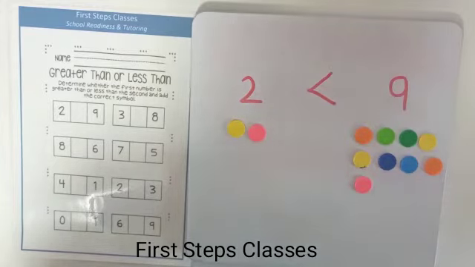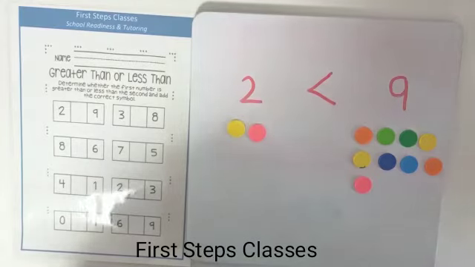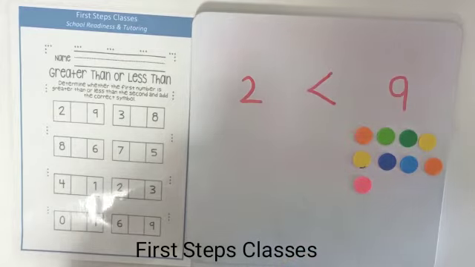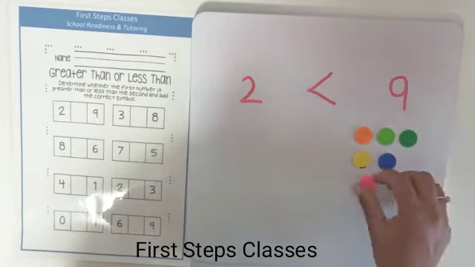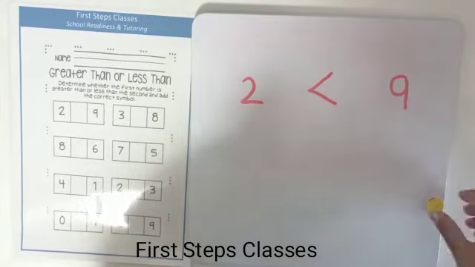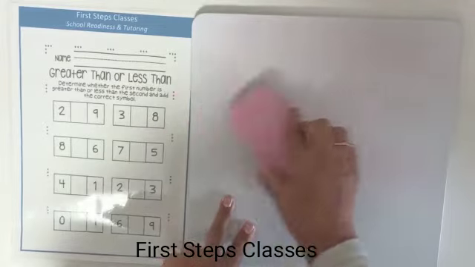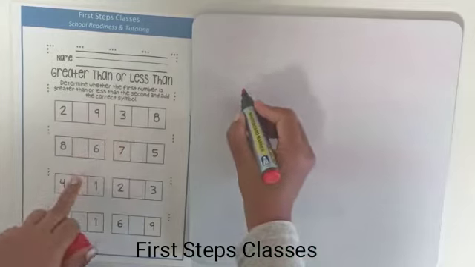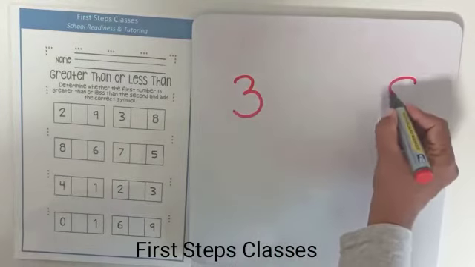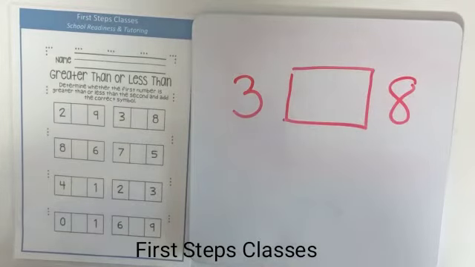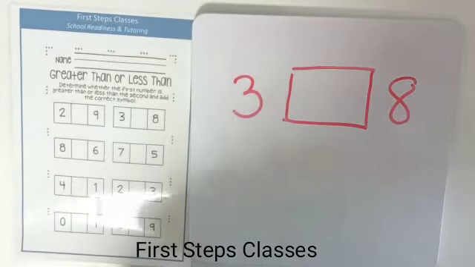Alright, now let's take another example. We'll take another example with number 3 and number 8, our second example. So we have number 3 here and number 8 on this side, and in between we have to decide which sign we have to put, whether it is less than or whether it is greater than.